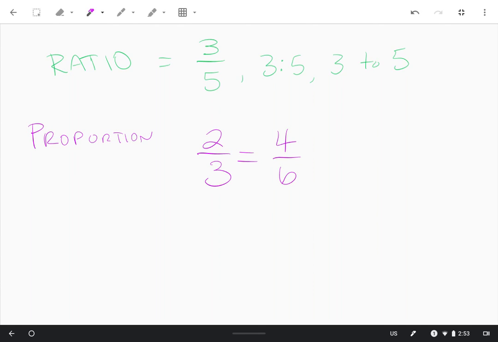If you were to type these into the calculator, both would give you the answer of 0.66 repeating. So we know that's the same value. So a proportion is a comparison or equivalence of two ratios. A ratio compares two numbers, and a proportion is saying that two relationships like that are equal to each other.